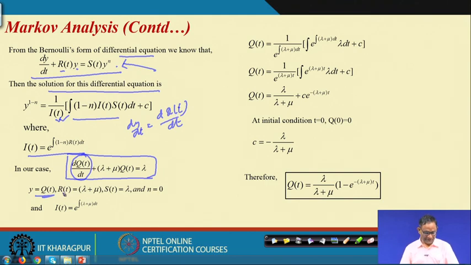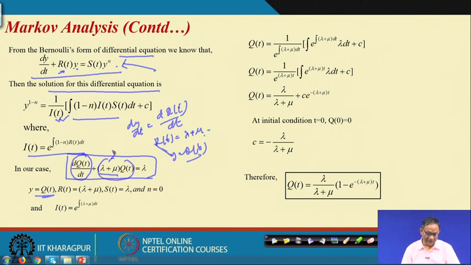Now, if we say r(t) equal to lambda plus mu, and y equal to q(t), then this into this is nothing but this quantity.